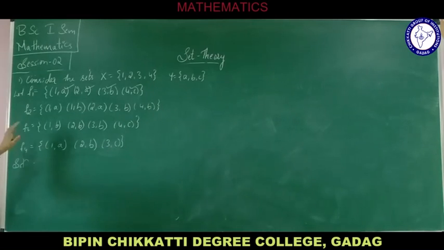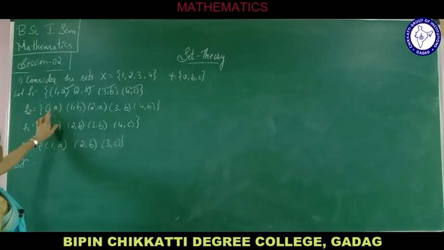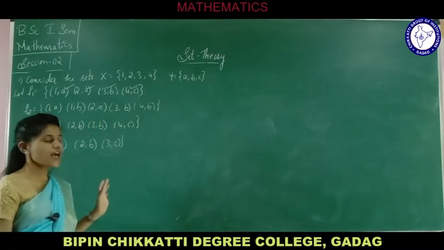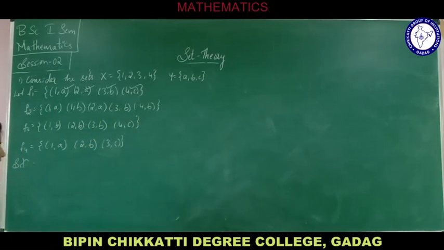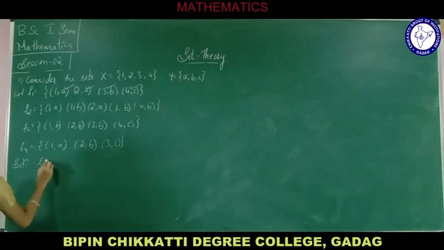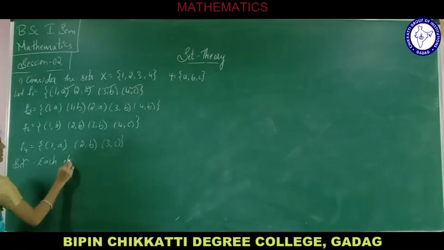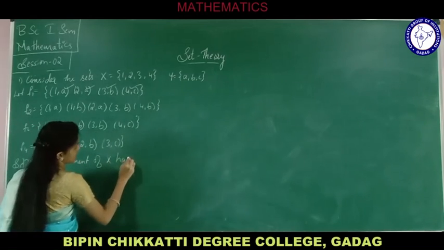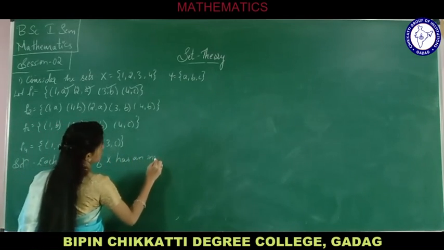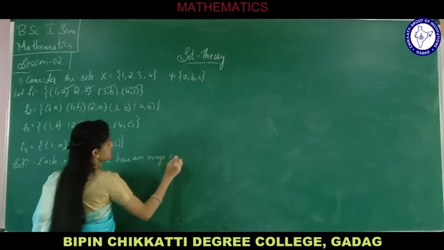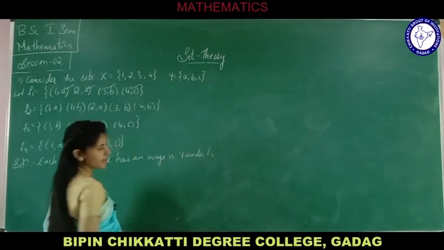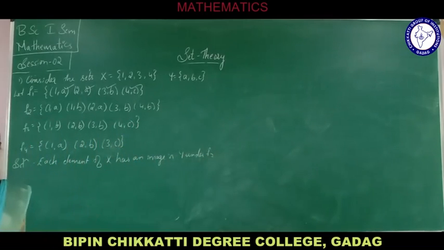See, each element of x, 1, 2, 3, 4, has an image in y under f2. This is obvious.